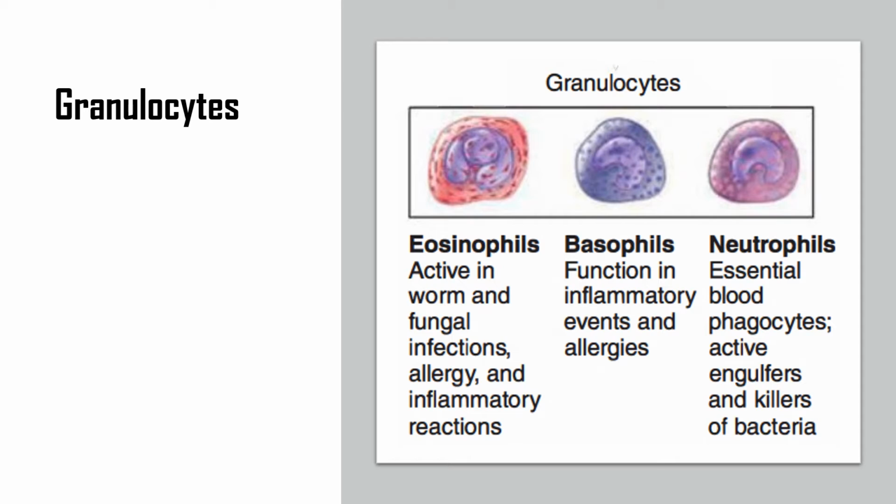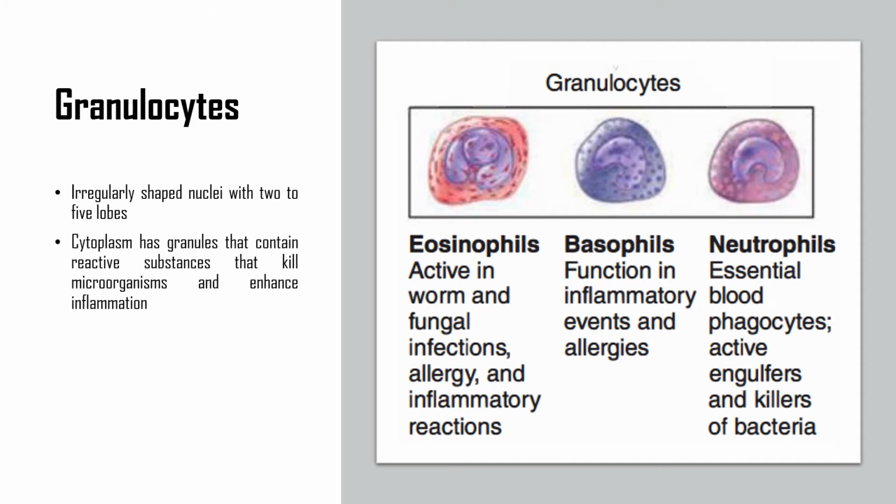Next we have granulocytes. Granulocytes are of three types: eosinophils, basophils, and neutrophils. Granulocytes have irregularly shaped nuclei with 2 to 5 lobes. Their cytoplasm has granules that contain reactive substances that kill microorganisms and enhance inflammation.